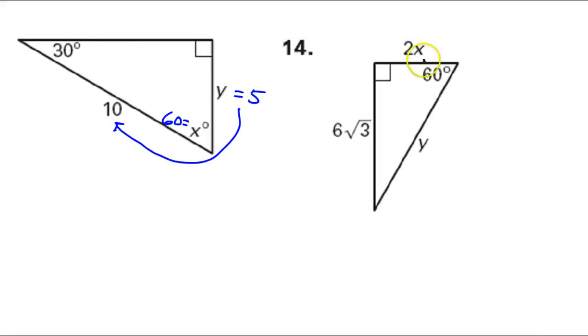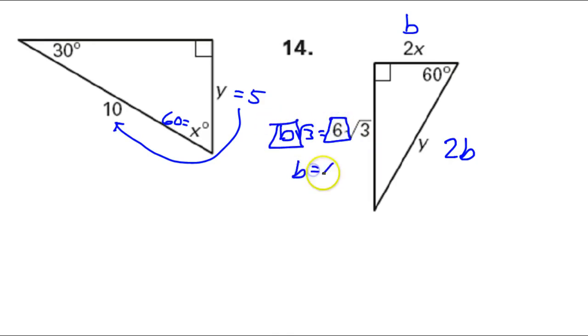Okay, so for now, I will call this b, and that's going to make this 2b, and that's going to make this b radical 3. Actually, I feel silly now because looking at the b radical 3 equals 6 radical 3, it's easy to see that the short leg must be 6.